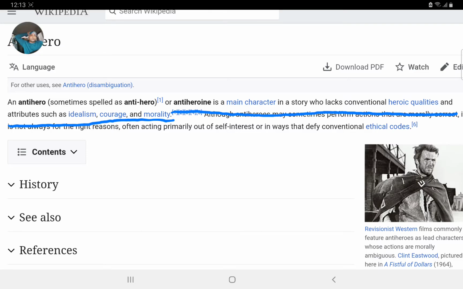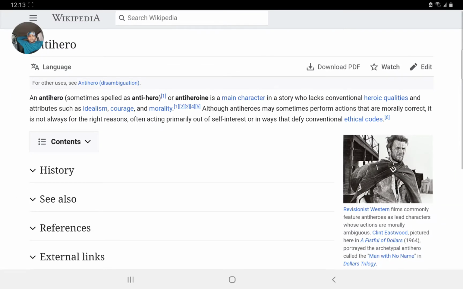So this is the idea of the anti-hero according to Wikipedia, and I guess that's right also. Although anti-heroes may sometimes perform actions that are morally correct, it is not always for the right reasons, often acting primarily out of self-interest or in ways that defy conventional ethical codes. So that's the entire concept of the anti-hero.